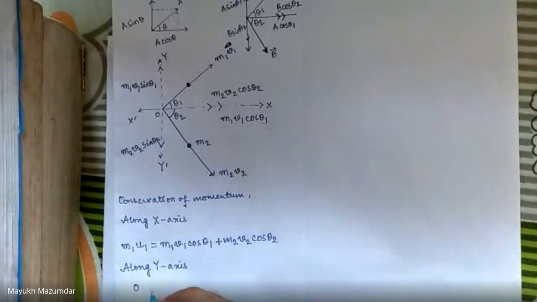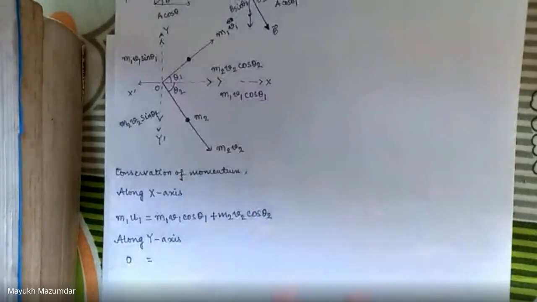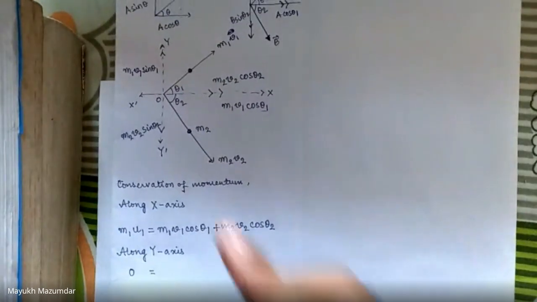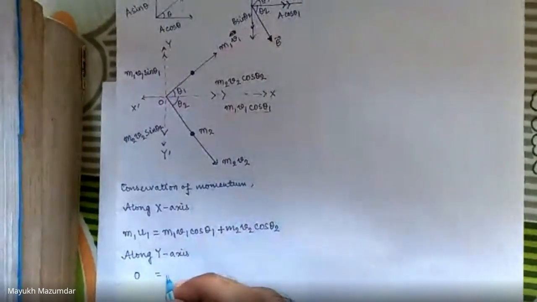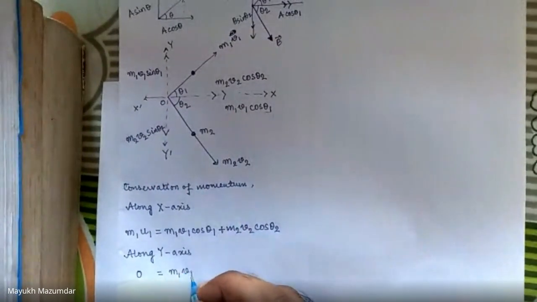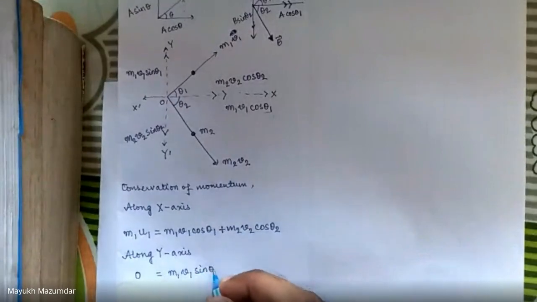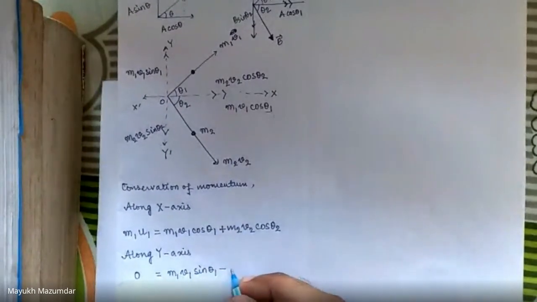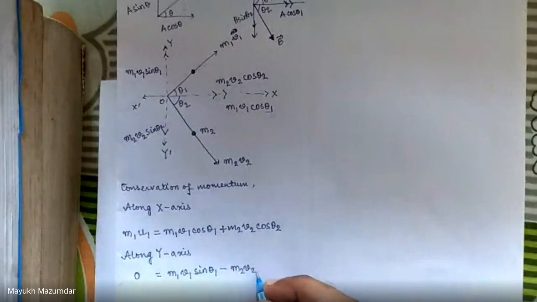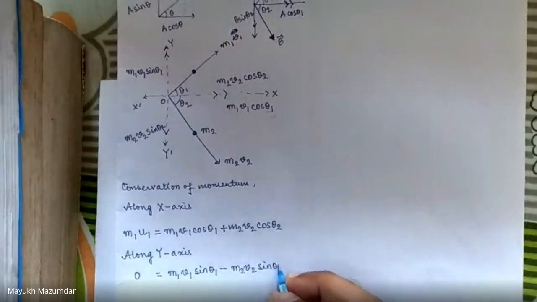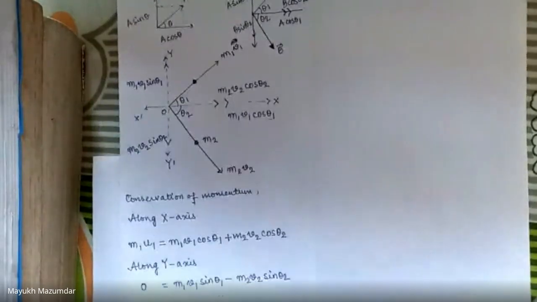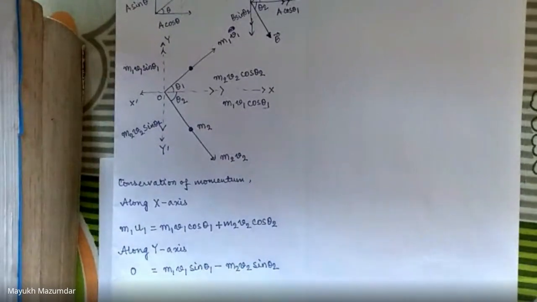After collision, what are we getting? Two momenta, but in opposite directions. The upward one, by the norms of coordinate systems, we take as positive. The other one would be negative. That is, this one is equal to this one, isn't it? Then only you can cancel the two things.